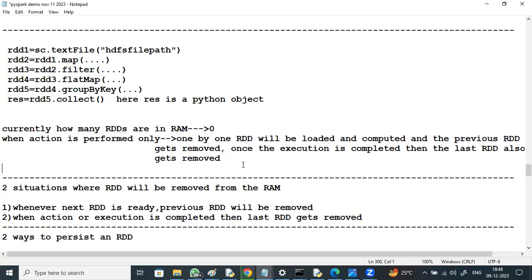I spoke about persist. Whenever you persist an RDD, that RDD remains in the RAM and gives output to the other flows, meaning that RDD won't be removed even though the next RDD is ready.